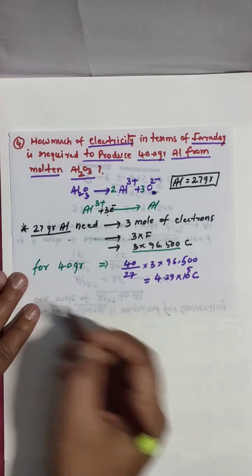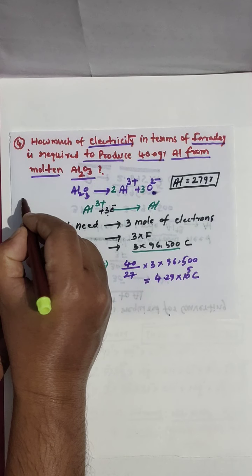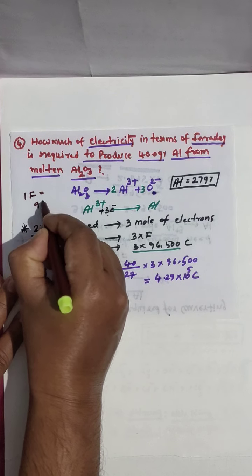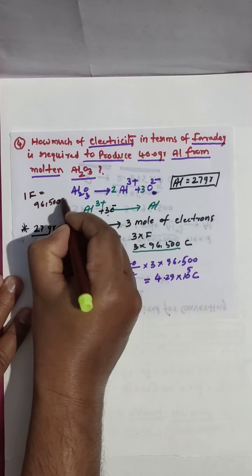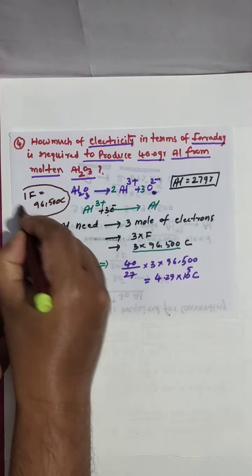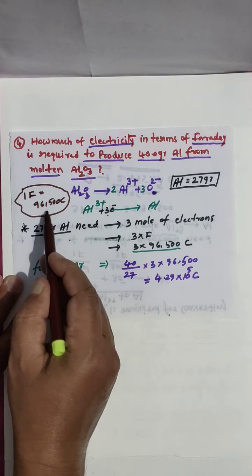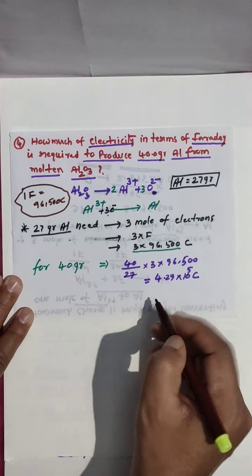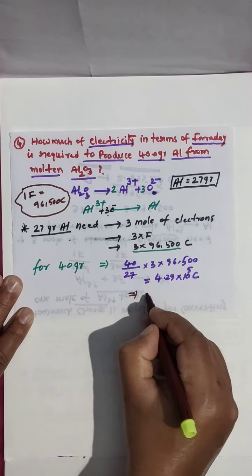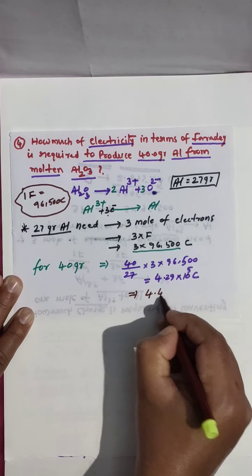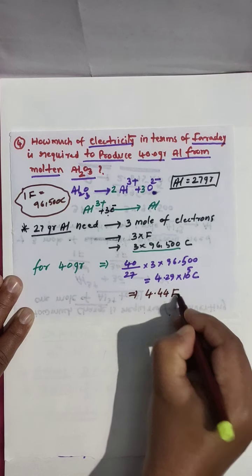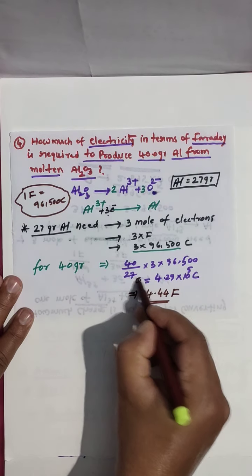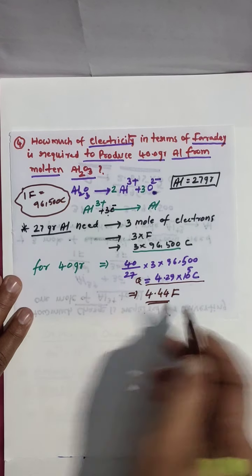You know that 1 Faraday is equal to 96,500 coulombs. This many coulombs, how many Faraday? If you go for that, you are getting 4.44 Faraday. So this much charge is required for that.